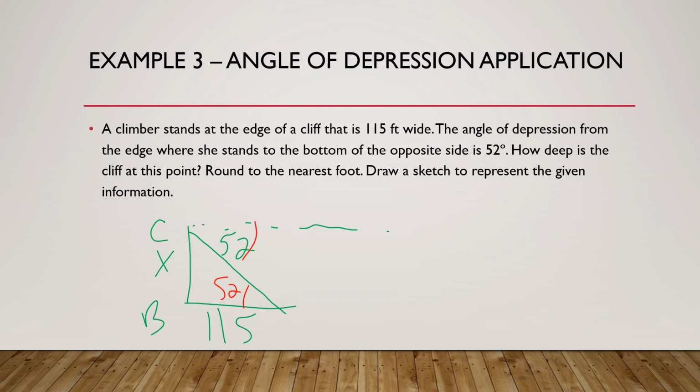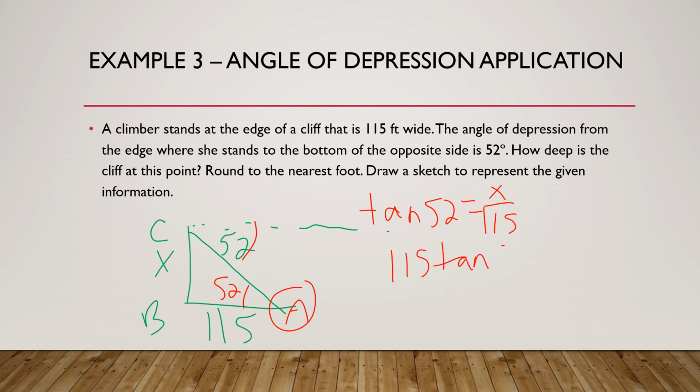From the 52 degrees, I could use tangent again. Let's call this x. So the tangent of 52 is equal to opposite, which is x, over adjacent, which is 115. So I'd have 115 times the tangent of 52 is equal to x. I would take that into my calculator and I would get that x is equal to 147 feet.